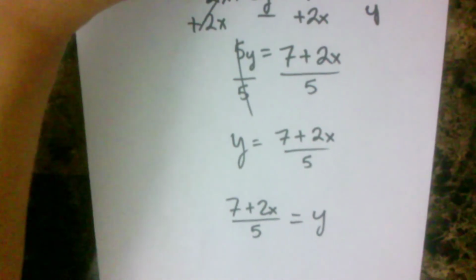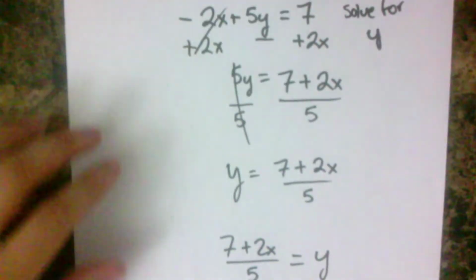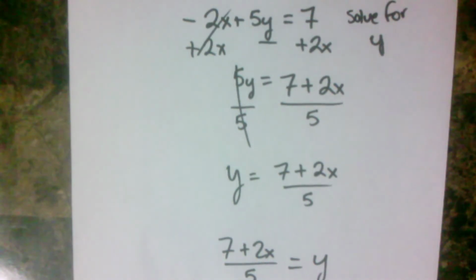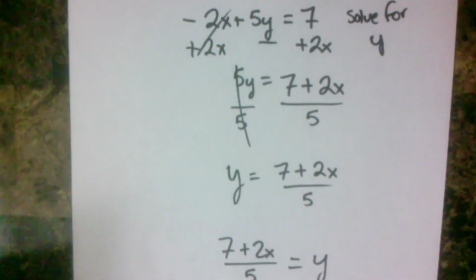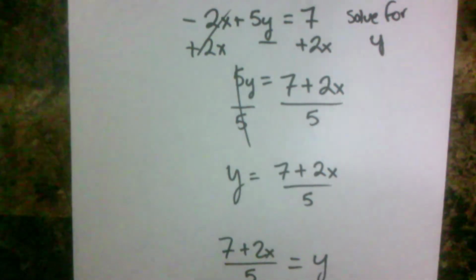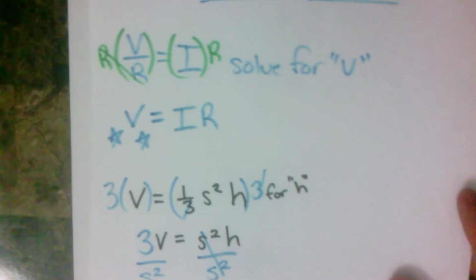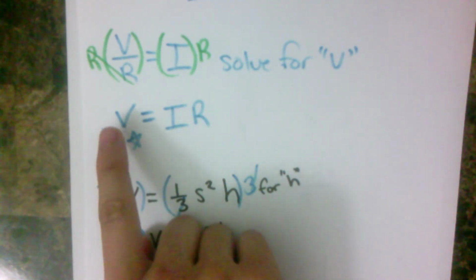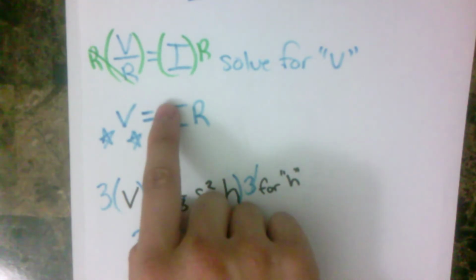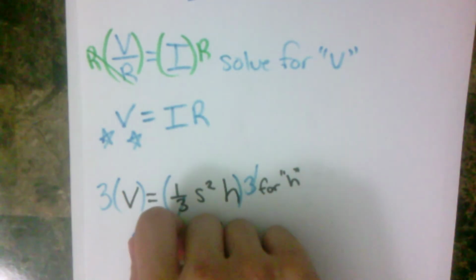Feel free to rewind and pause and do whatever you need to do, but equations all work the same way, and it's all about practice. So take the time to do all the equations in your book and maybe learn to write your own equations, because on your test, the way that your test looks is I took a problem like, actually this is a good example, v equals IR, and then I make it a equals TV or something like that.